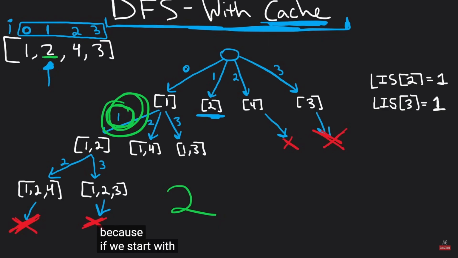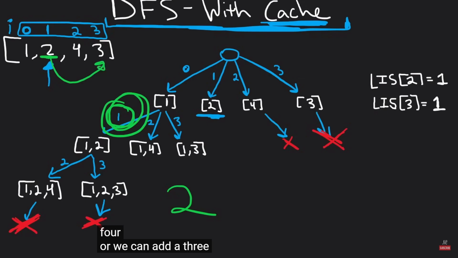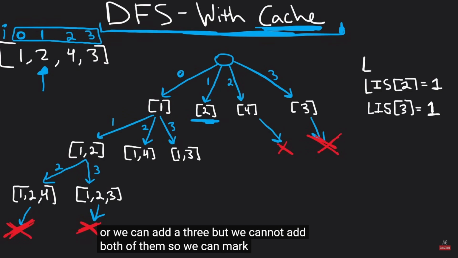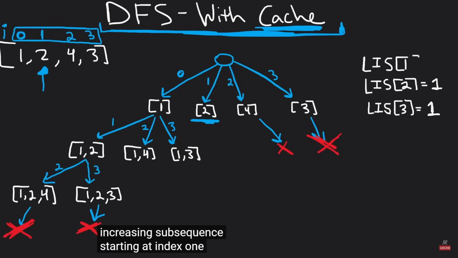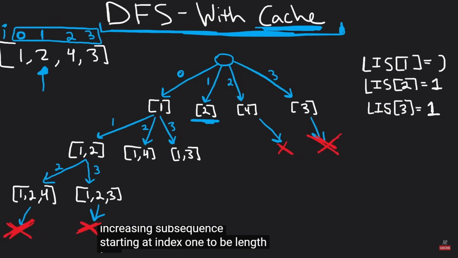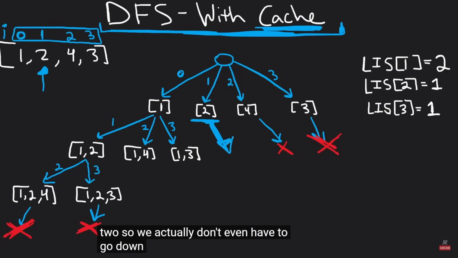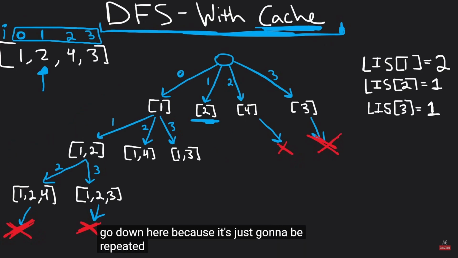Because if we start with a 2, then we can add a 4, or we can add a 3. But we cannot add both of them. So we can mark the longest increasing subsequence starting at index 1 to be length 2. So we actually don't even have to go down this path once we already go down here, because it's just going to be repeated work.